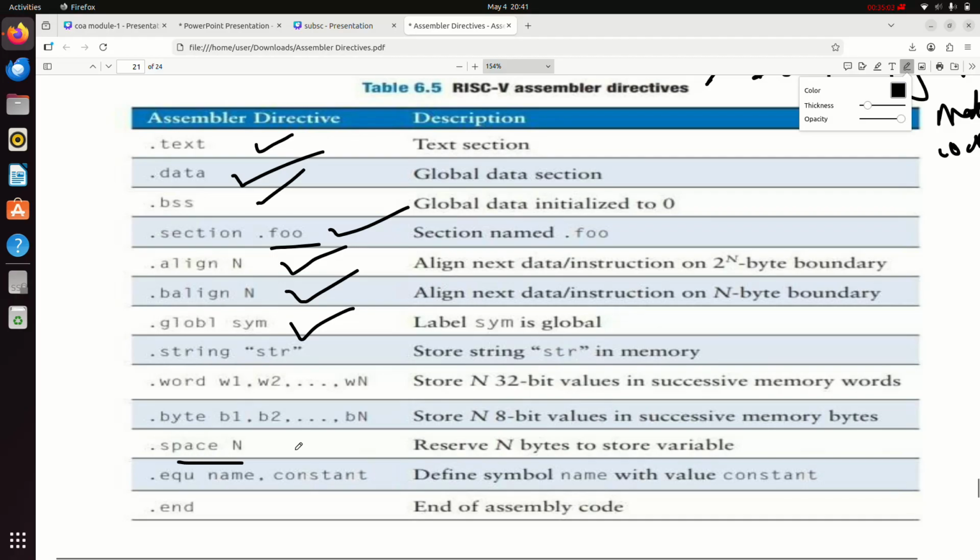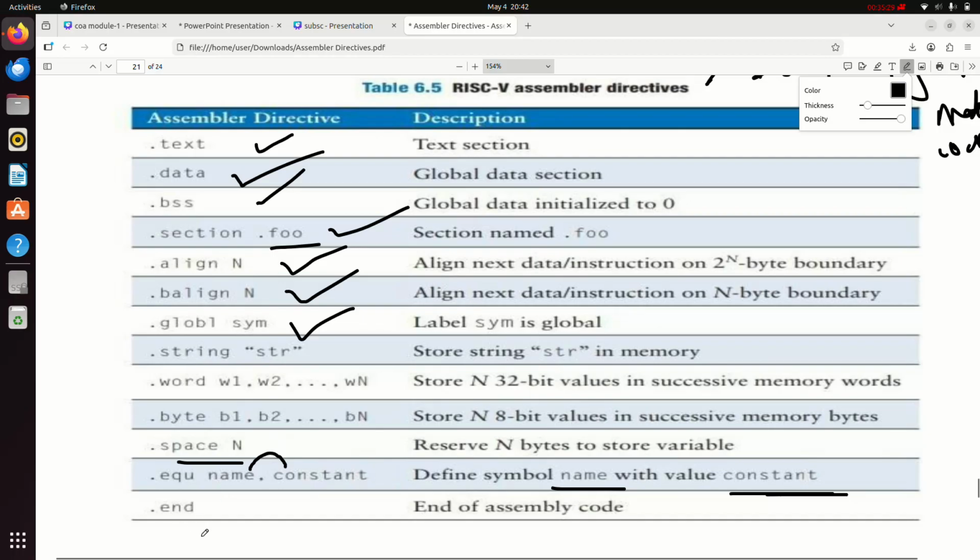So .space means we are reserving that many n bytes to store the variable. .equ name, constant means what? Define a simple name with a value constant. That means I am going to define a name, and the value of that name is what I'm going to define here. That is what .equ means.